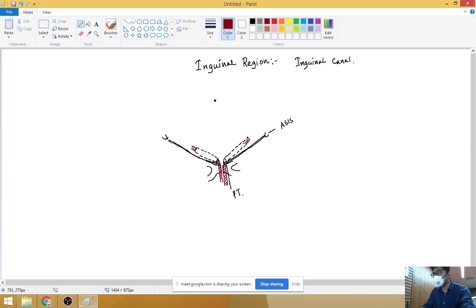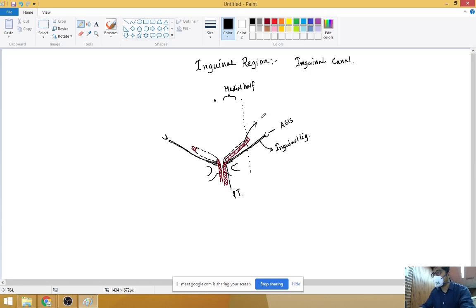Okay, so this is the inguinal canal, which is located in the medial half of the inguinal region, just above the inguinal ligament.